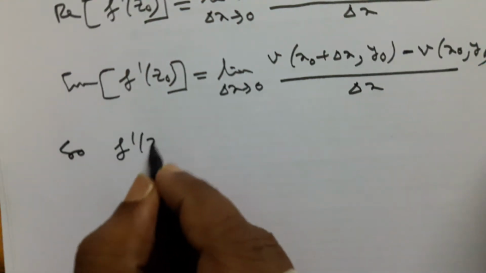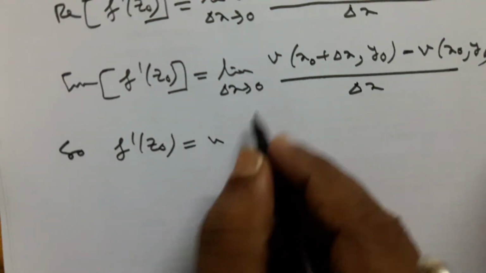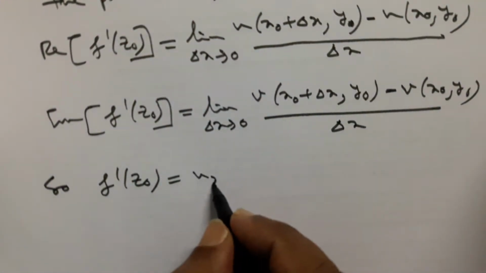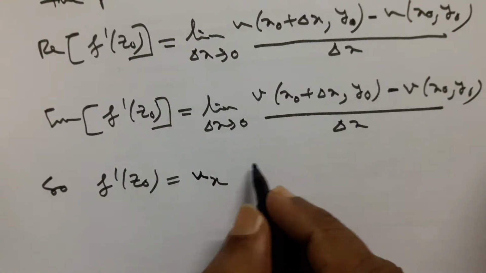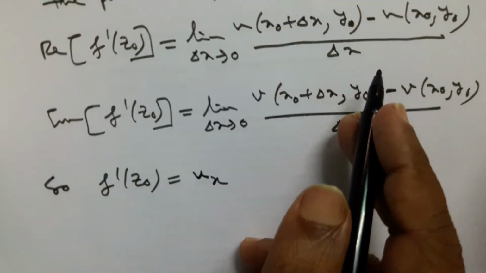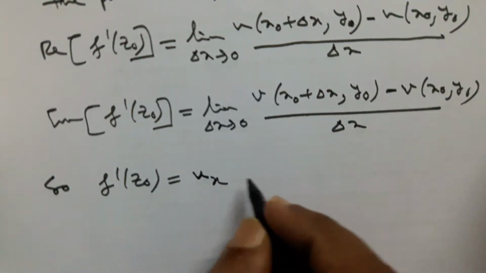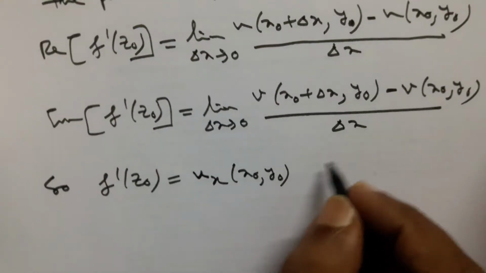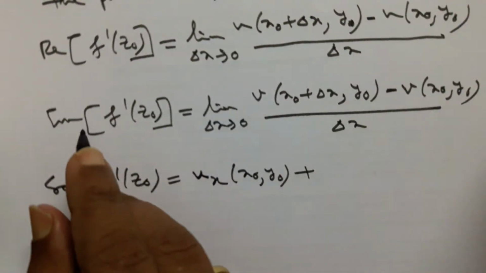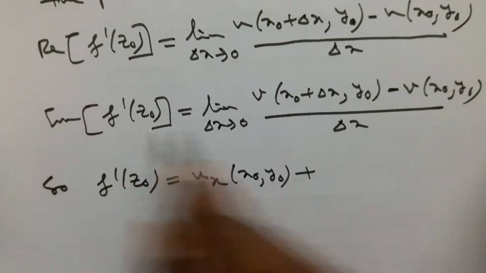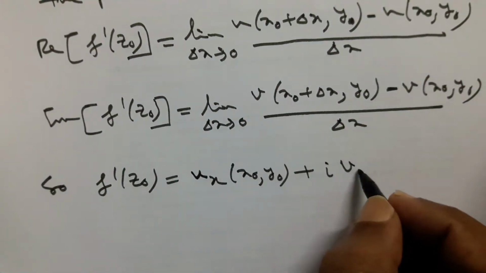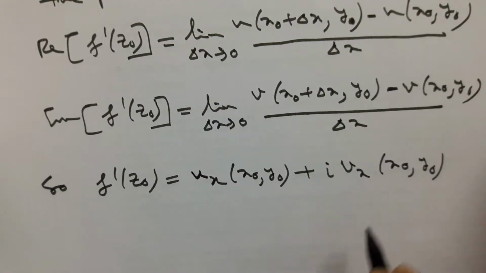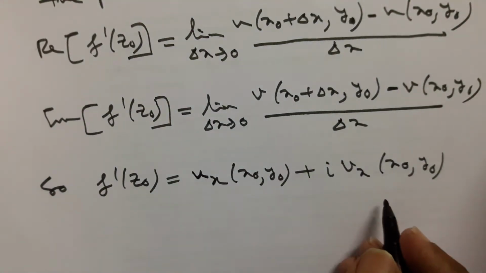Therefore f dash of z0, by the definition of partial derivative, is del u del x, or ux, at x0, y0, plus i times vx of x0, y0. We are getting this result.